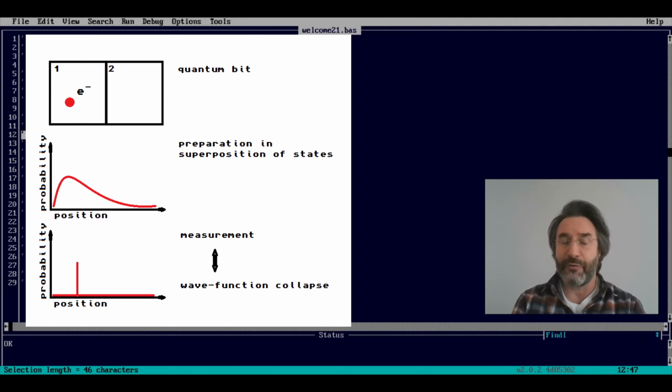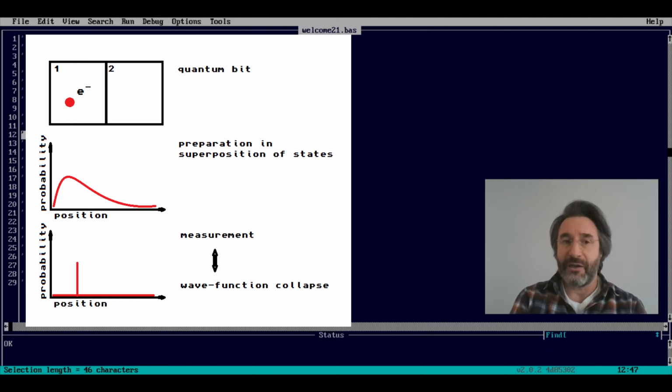Every time you perform a measurement, what happens is the wave function collapses. This is how it is called, which means that in practice we went from a probability that was a continuous function everywhere, and this probability now becomes a delta Dirac distribution function, because we now know exactly where this electron is.